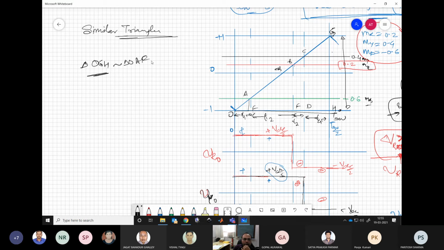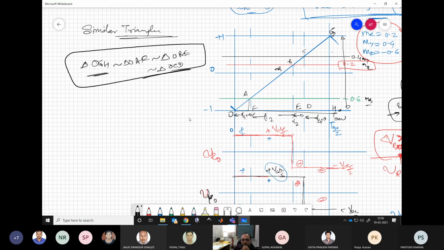OAF is similar to triangle OBF. Okay, it's repetition. E, this is OBE, and then this is similar to triangle OCD, isn't it? Is it not? Tell me.